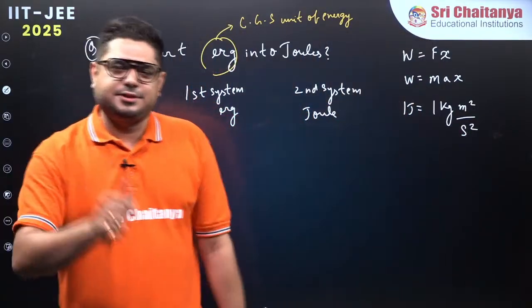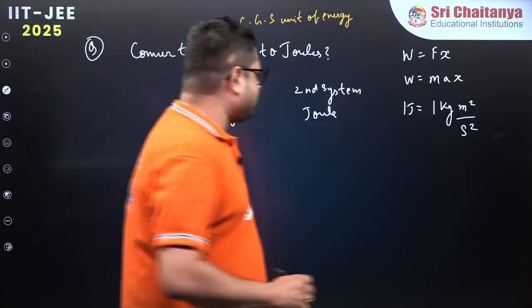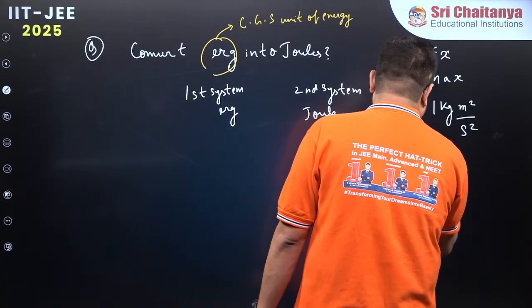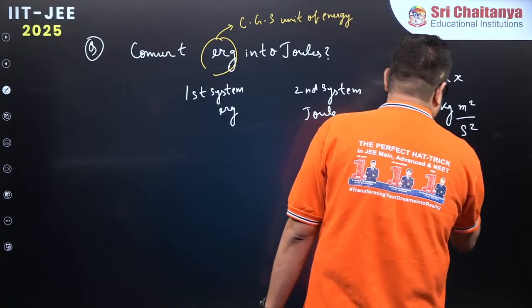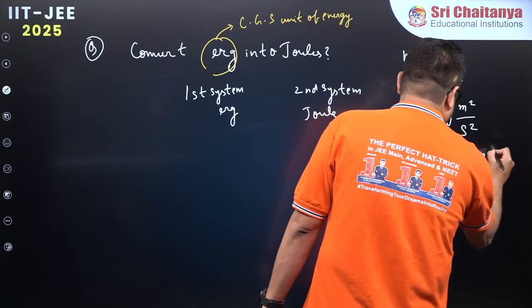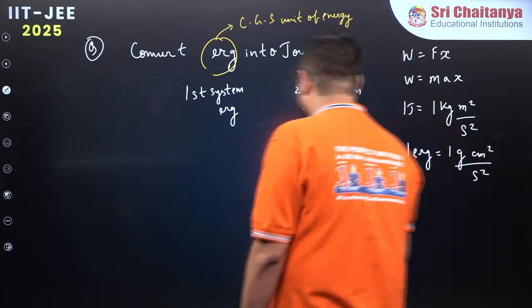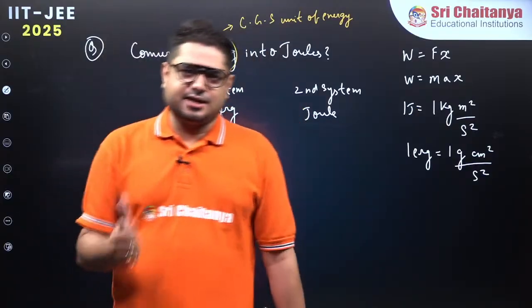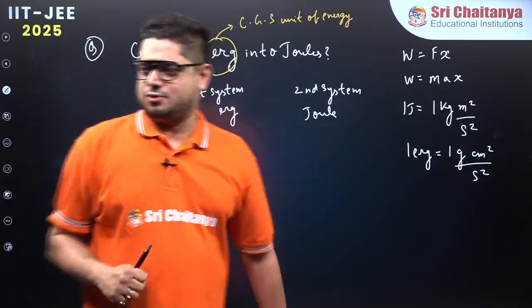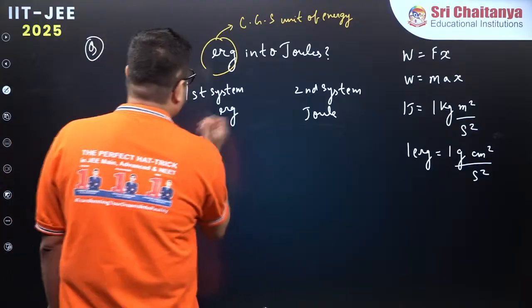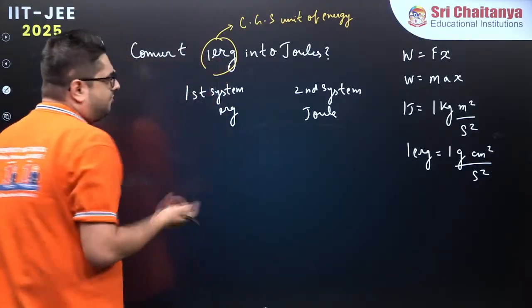And what is going to be the CGS representation? I can say that 1 erg is going to be 1 gram centimeter square per second square, isn't it? Those who are in favor of yes, they can give a thumbs up and hit the like button. Okay, so let's perform the conversion. We are being asked to convert 1 erg into joules.